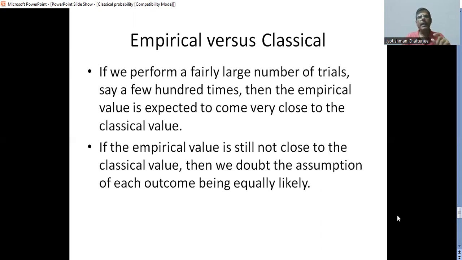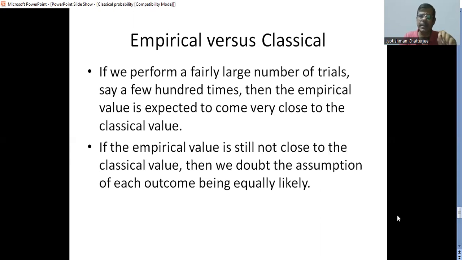However, if you happen to get a very different value, then you actually doubt the assumption of equal likeliness, that maybe all the outcomes are not equally likely. Because you remember, while calculating probability by the formula size of A by size of omega, we used a crucial assumption that each outcome is equally likely.